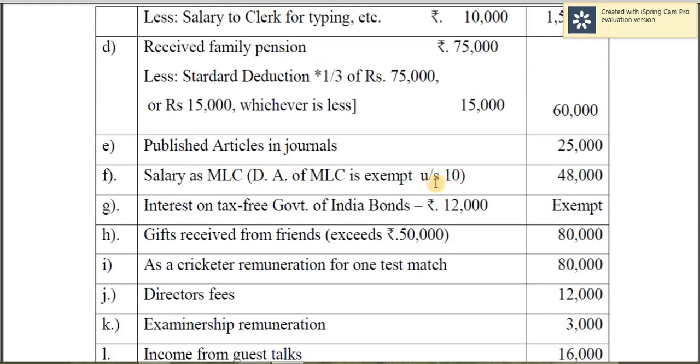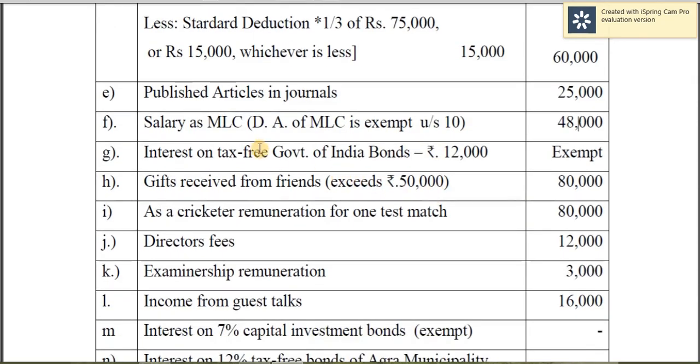Salary of MLC is taxable here, but daily allowance is not at all taxable. It is exempt under section 10. Interest on tax-free Government of India bonds is exempt. Gifts received from friends, amount exceeds 50,000, so entire amount is taxable.